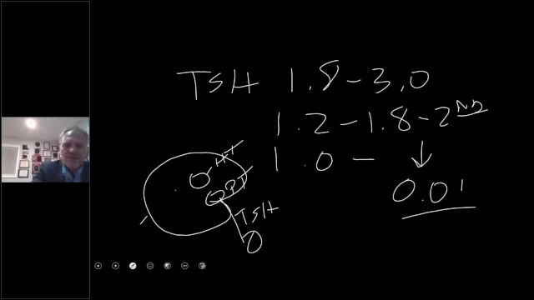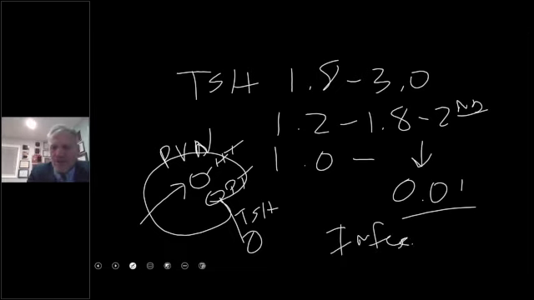Tertiary is when something is affecting what's called the PVN on the hypothalamus. So the most common thing that I see clinically is infection. So one of the things that I will look at as a clinician, as a chiropractic internist, when I see a TSH that's lower than 1 and it is not hyperthyroid, the person's tired, they're not hyperthyroid, then my first consideration is is there an infection in this system?